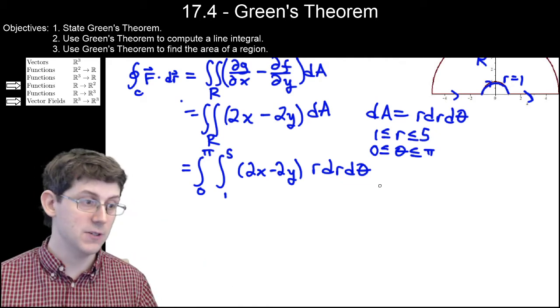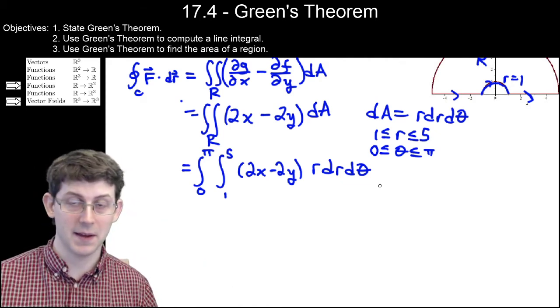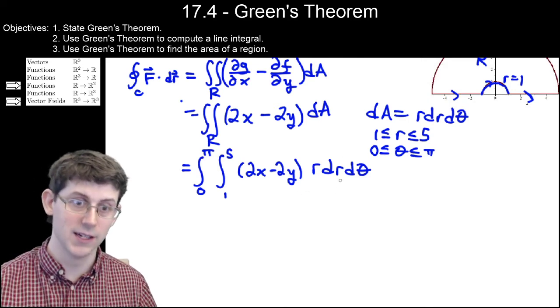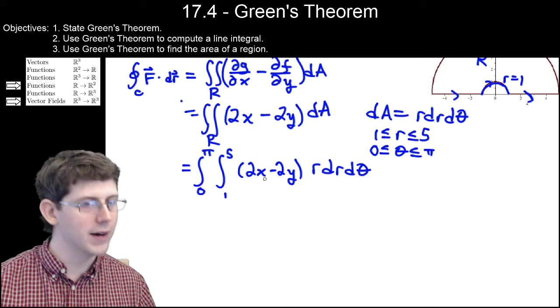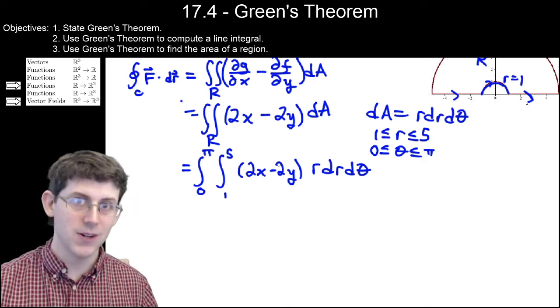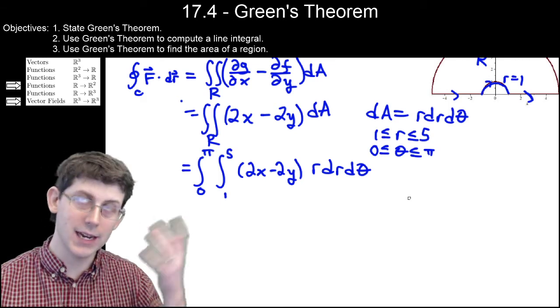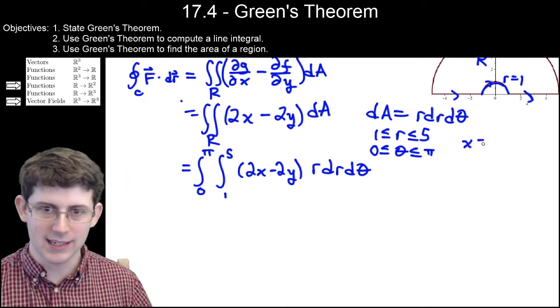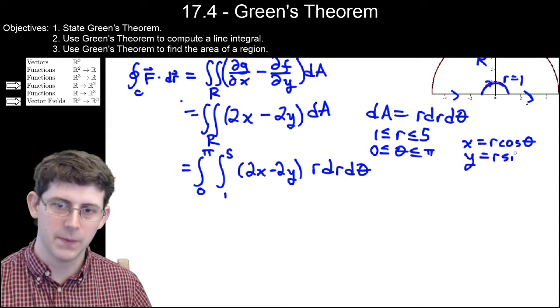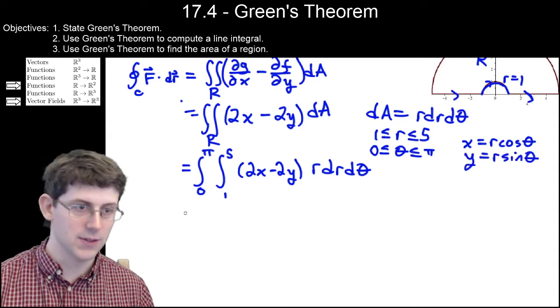But you don't have to actually look at this and understand everything about it all at once. Instead, you should say, I'm trying to do the inner integral. It's an r integral. What are these x's and y's doing here? I don't want those. Once you notice that, then you can go, oh right, in polar coordinates, x is r cosine theta, and y is r sine theta. And substitute those in.